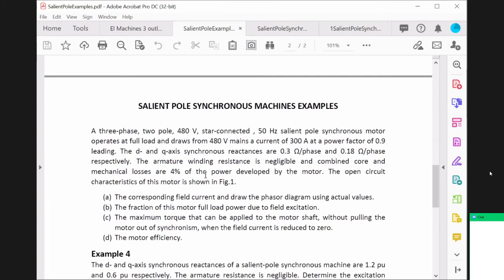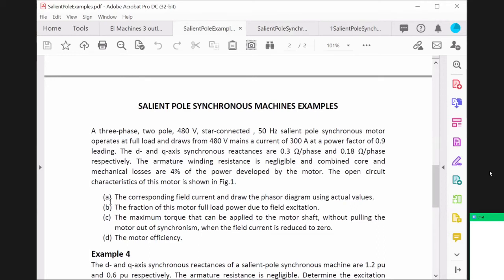So the first part asks us to determine the corresponding field current and draw the phasor diagram using actual values when the motor is operating at full load and it's drawing a certain current of 300 amps at a particular power factor of 0.8 leading.